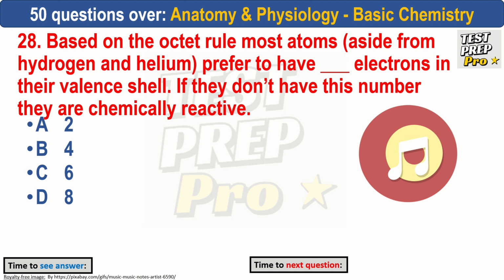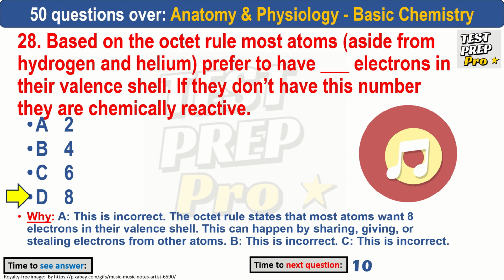That would fit the octet rule for most atoms aside from hydrogen or helium. The answer is 8. Again, octet refers to 8. So that's how many electrons most atoms prefer to have on their outer shell to make sure it's stabilized.